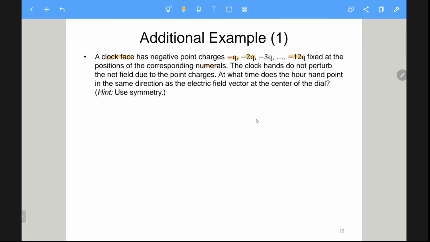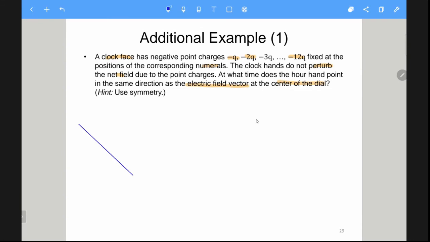So the clock hands do not perturb the net field. Just ignore it, and this is good enough. So what time does the hour hand point in the same direction as the electric field vector at the center of the dial?